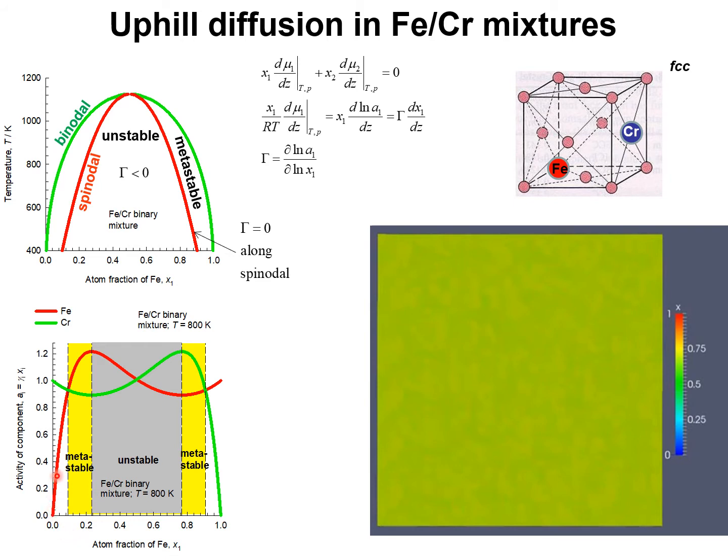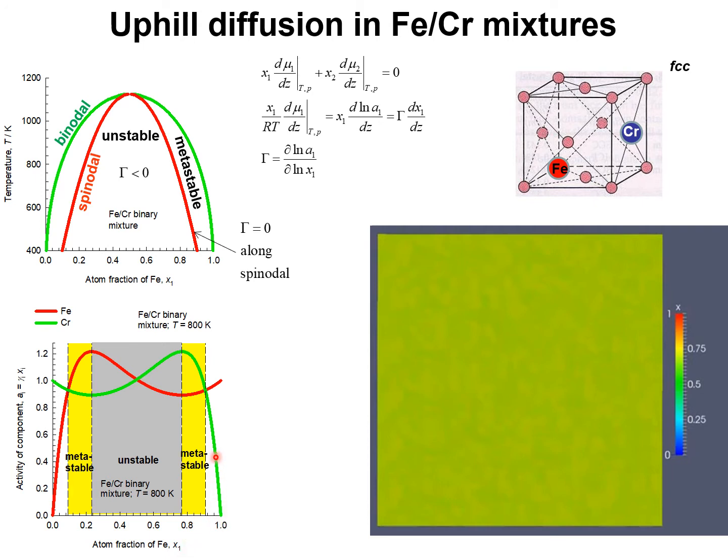The activity of iron as a function of atom fraction of iron is plotted by the red curve. And in this unstable region, we note that as we increase the atom fraction of iron, X1, the activity of iron decreases. So the gradient of activity is opposite in sign to the gradient of the atom fraction of iron.